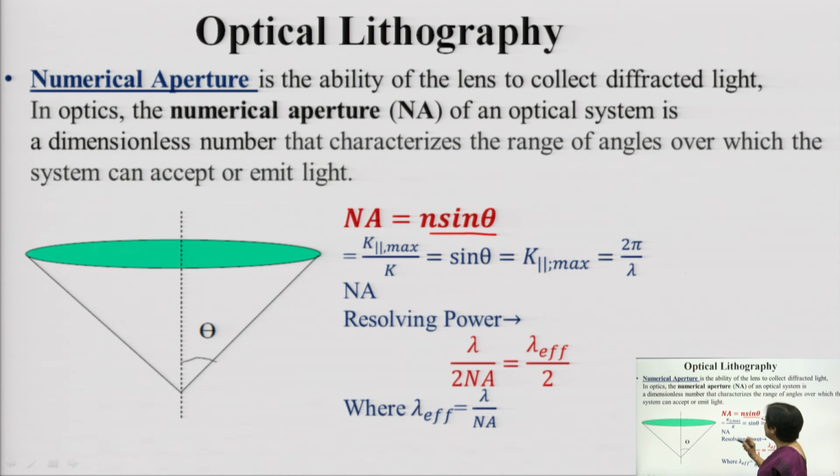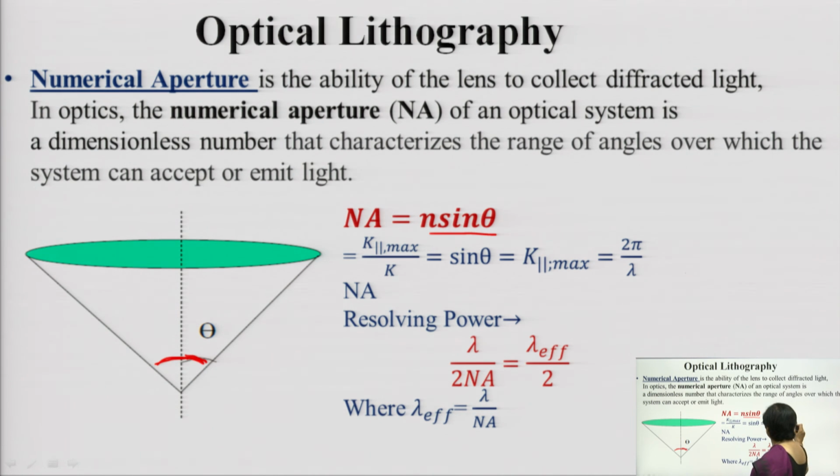Now, what is this n sin theta? This is the 2 theta, the total angle with which you can project this beam onto the wafer. So, we take half the theta, and that is basically giving you the numerical aperture.